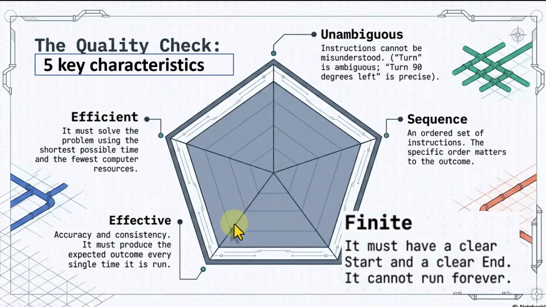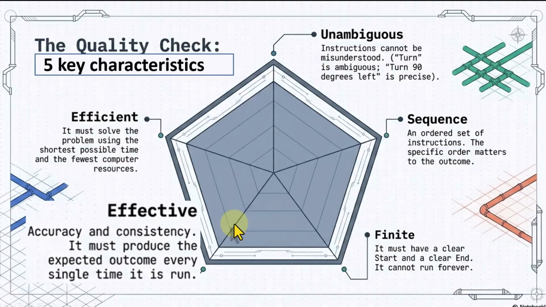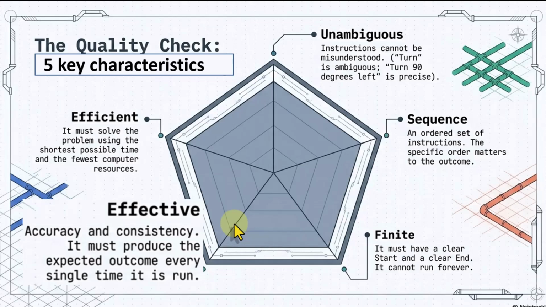The next one is effective. It has to be correct, and it must produce the expected outcome every single time with any input or data. Even if in only one scenario your algorithm gives you a wrong answer, that algorithm is not correct.